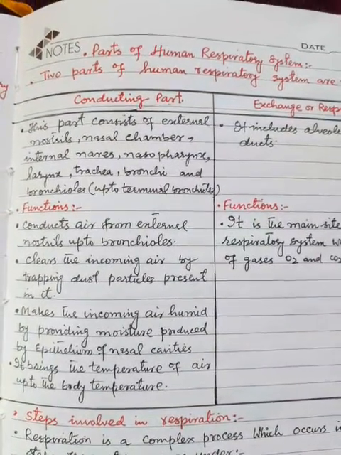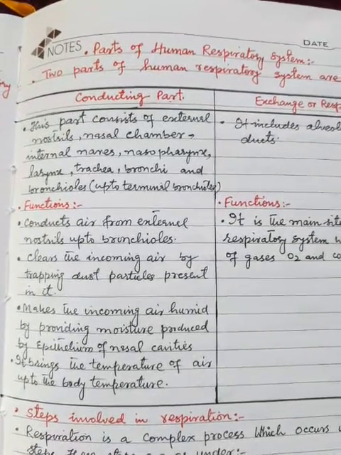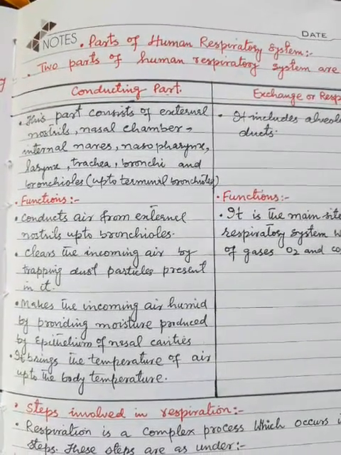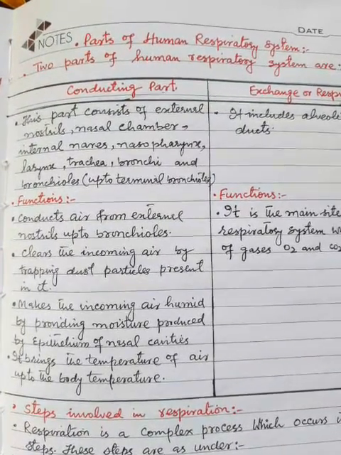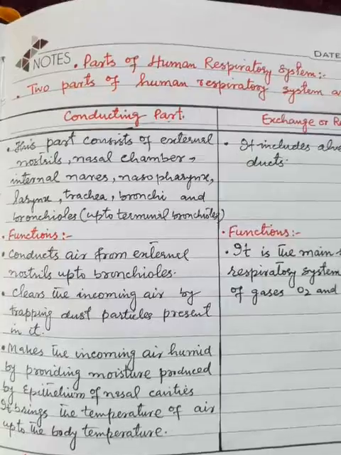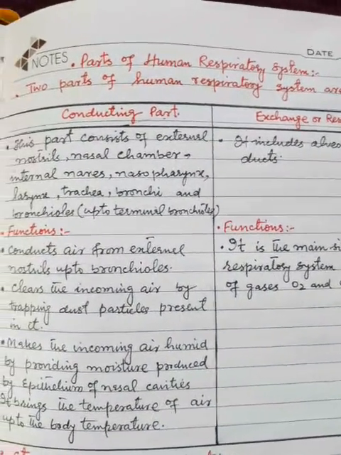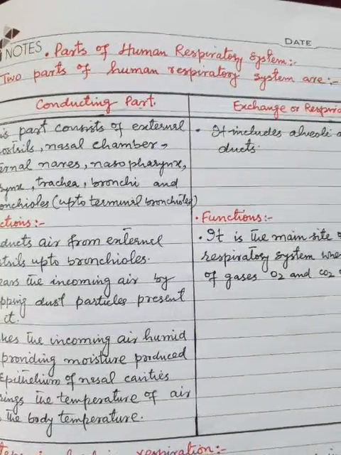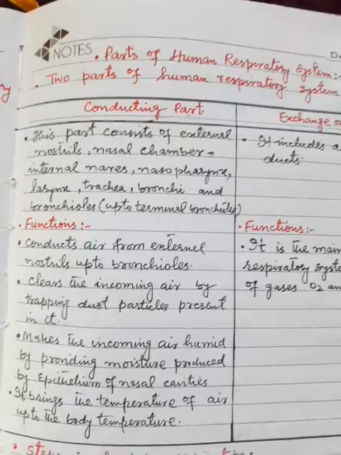Today's offline class is about parts of the human respiratory system, steps involved in respiration, and mechanism of breathing. The two parts of the human respiratory system are the conducting part and the exchange or respiratory part.